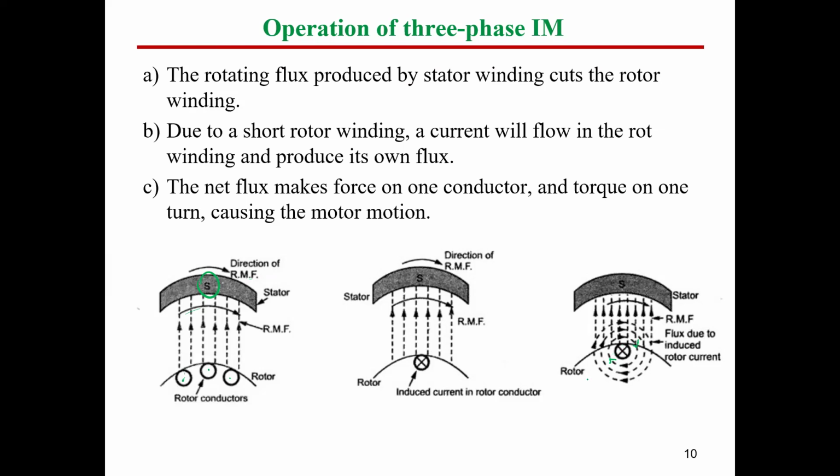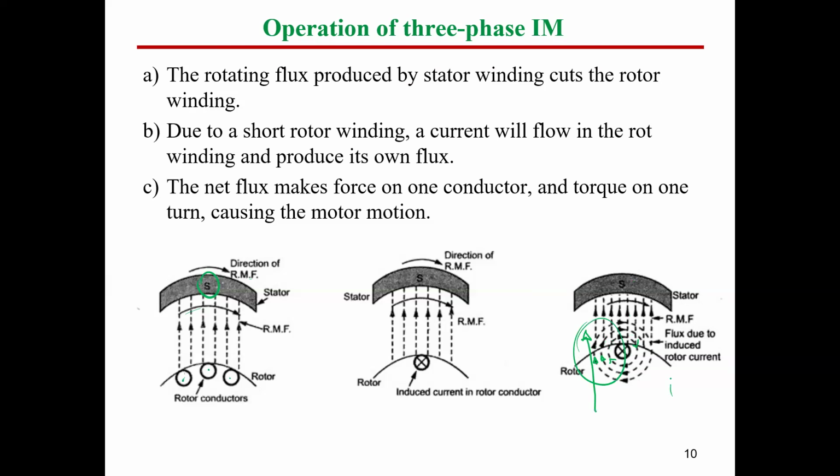Now, let's see the net flux around this conductor. The main magnetic flux lines are coming from the bottom to the top, from north to south. And here, the rotor field is moving in the same direction, which is going to increase the flux on this side of the conductor. Let's see the other side.